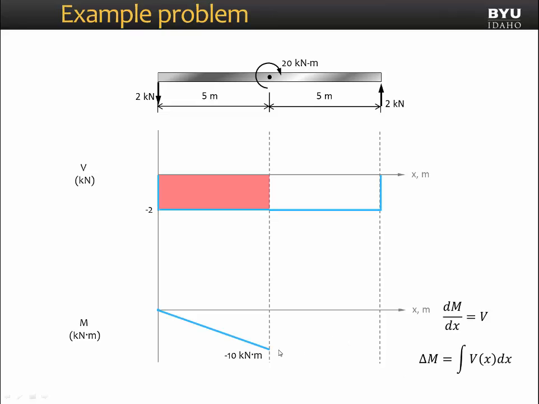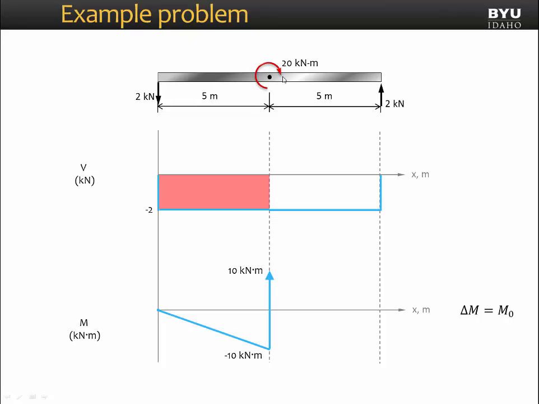Because our moment diagram will end at 0 and the slope will continue at a negative 2, something must happen right here at the midpoint of the beam where that point moment is applied. And we are going to use this rule here, which states that the change in the moment diagram is equal to the applied point moment. So we're going to get an abrupt jump in our moment diagram equal to the magnitude of that moment.